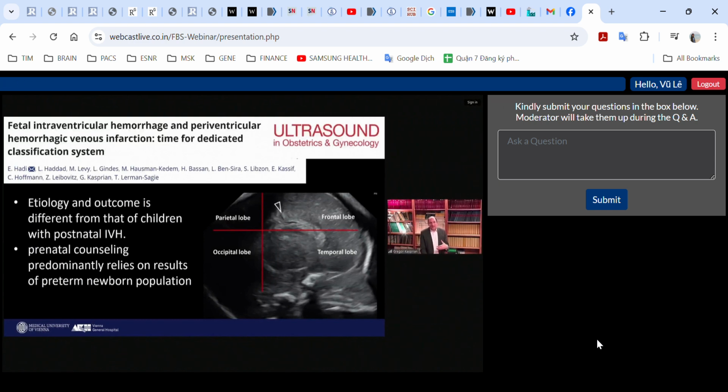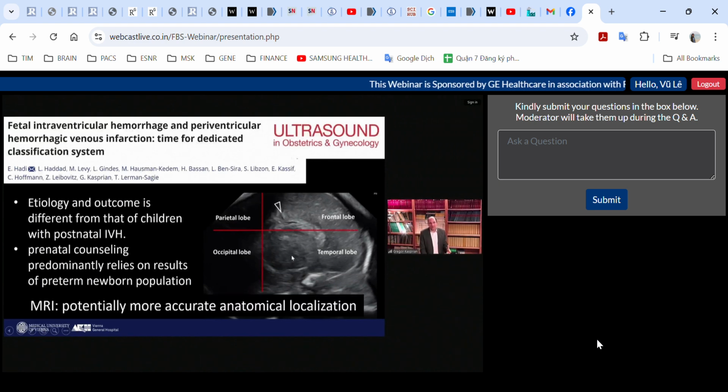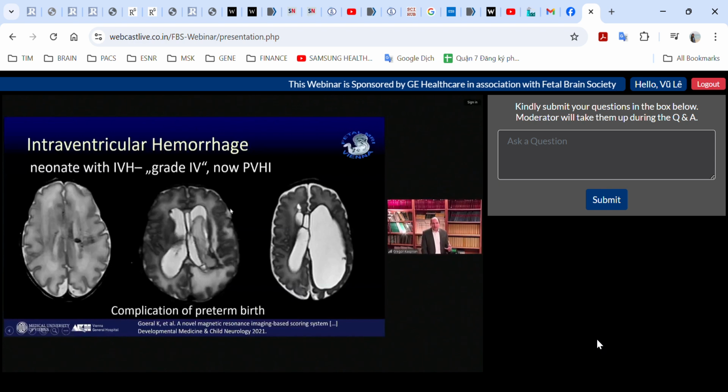And this is also the problem. Dividing the brain just in 4 areas is a very crude anatomical definition. MRI can provide a little bit more information here. Even advanced neurosonography could describe some certain anatomical involvements better than before.